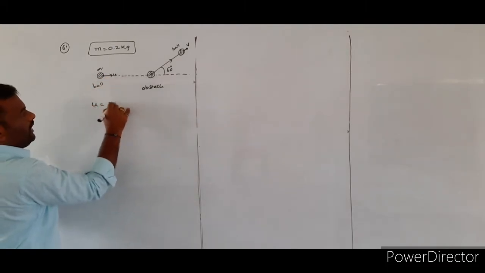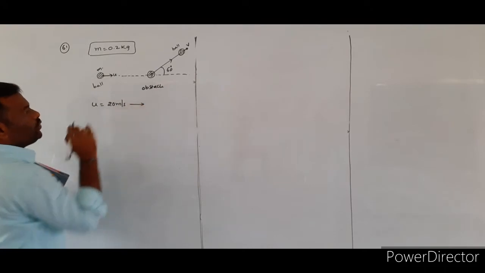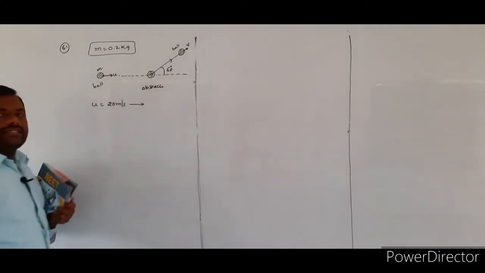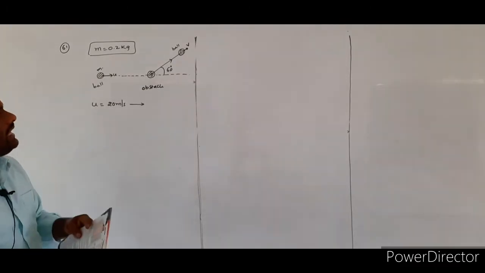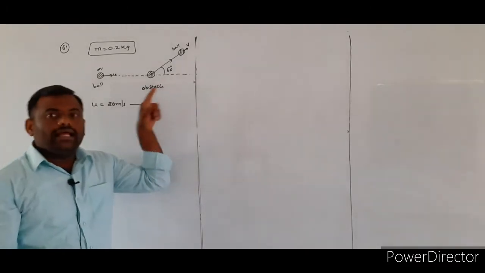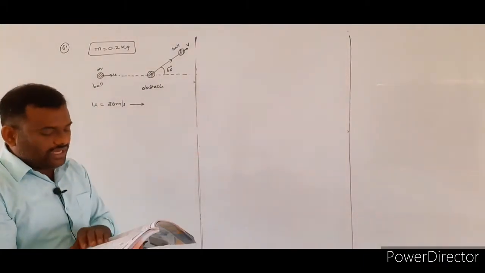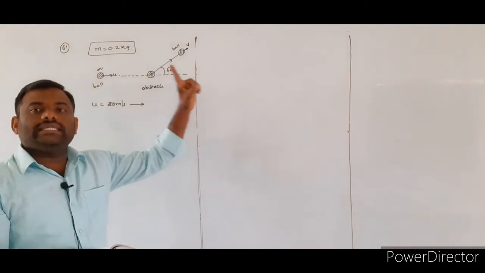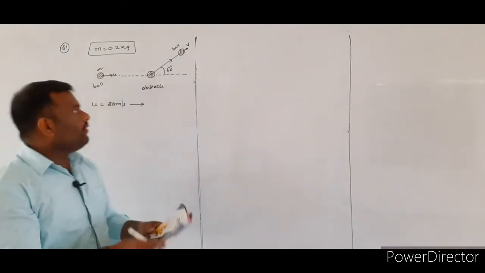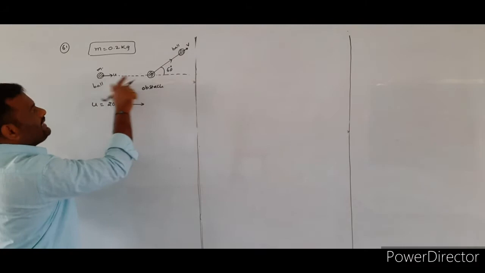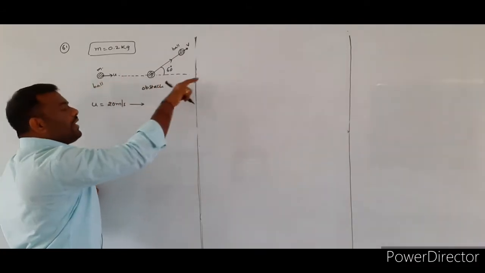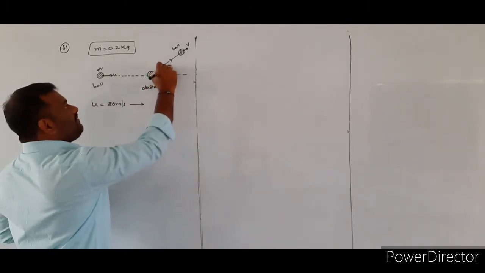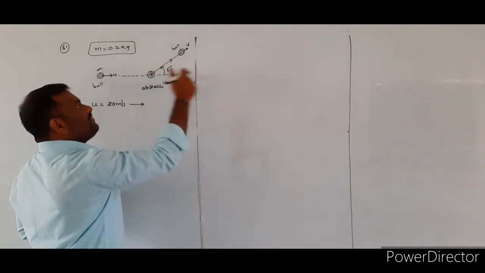It is traveling with an initial velocity of 20 meter per second, and this ball will be striking the obstacle. After striking the obstacle, it is moving by making an angle of 60 degrees with respect to the original direction.